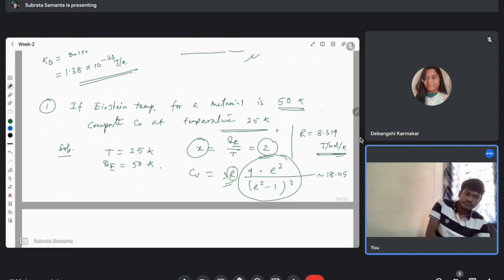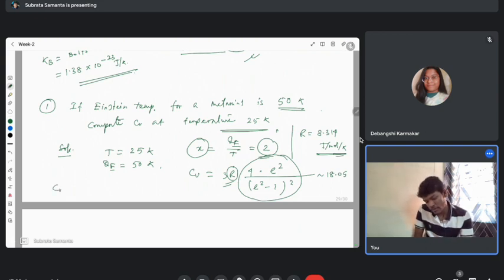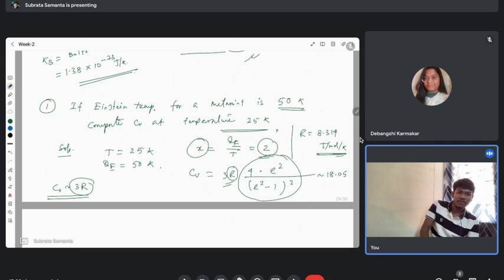Also you know Dulong-Petit's law, Cv is just 3R. So dimensionally, if you go to lower temperatures, the dimension is the same. The quantity cannot change with another quantity; the observable is the same.